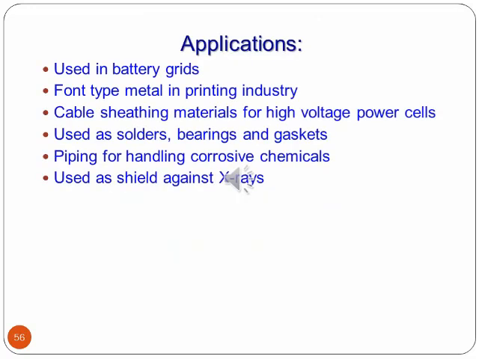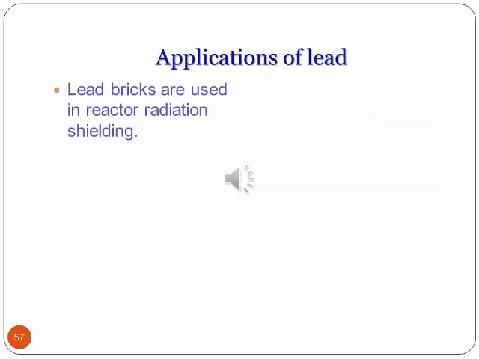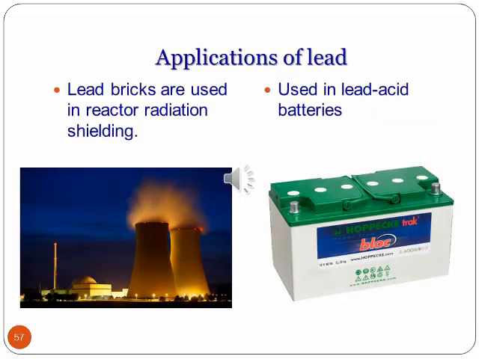Applications: it is used in battery grids, font type metal in the printing industry, and cable sheeting material for high voltage power cables. It is used as solders, bearings, gaskets, and piping for handling corrosive chemicals. It is used as a shield against X-rays. Lead bricks are used in reactor radiation shielding.